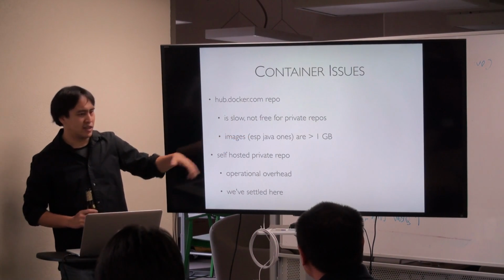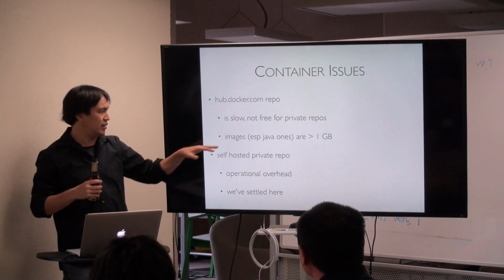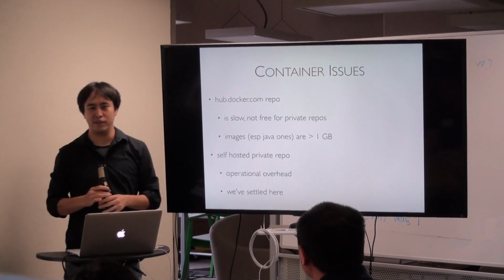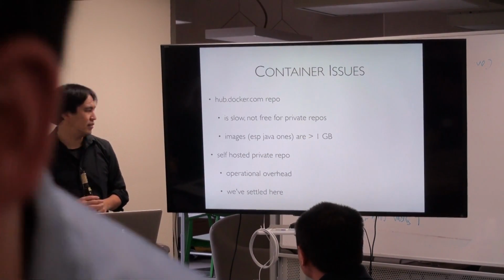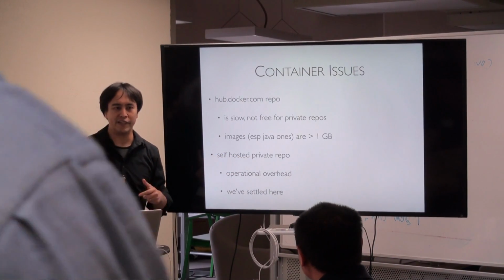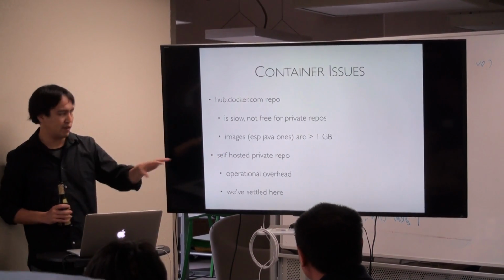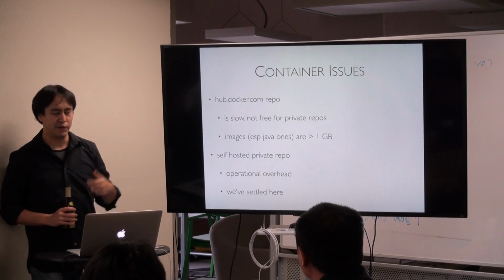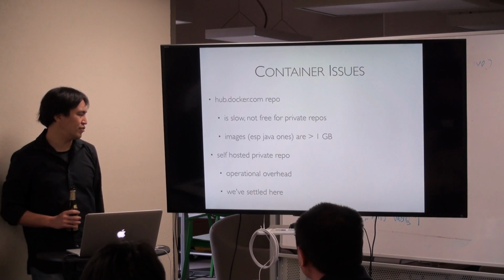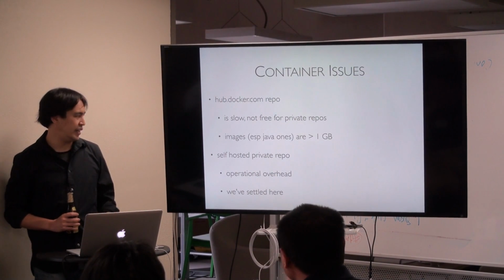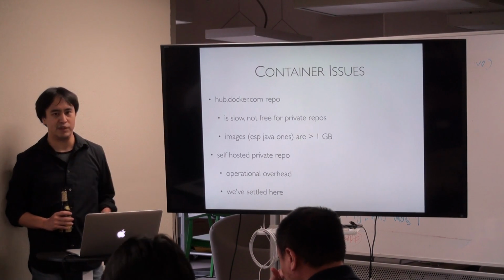The slow part comes because it's a big multi-tenant system, and Java containers in particular can be large, gigabytes. Running your own private repo is also an option. There are solutions in between where you pay a third party to host a repo for you, which takes the operational overhead off you, but you still occasionally have the speed issues.